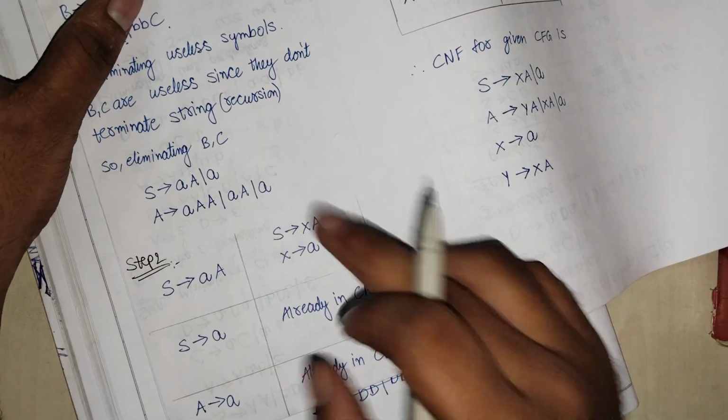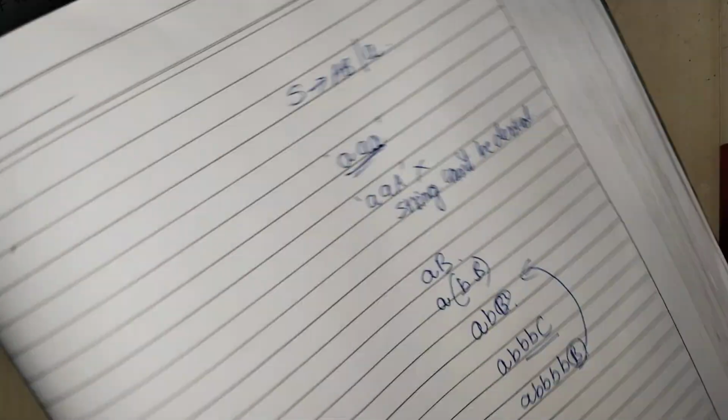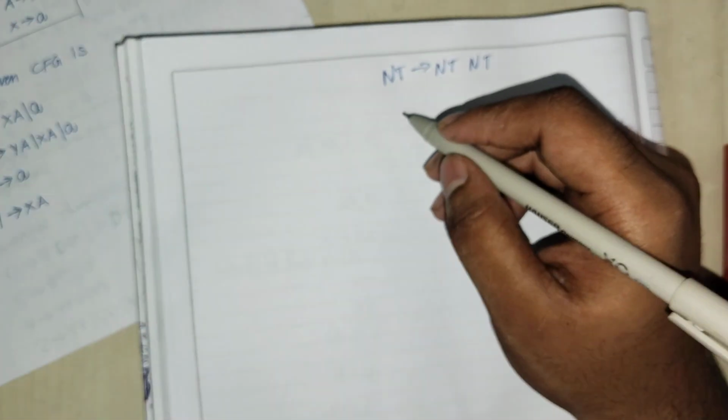So now let's convert it into Chomsky normal form. Chomsky normal form, in the sense of what I have said, right? Non-terminal tends to non-terminal and non-terminal, or non-terminal tends to terminal. So that's Chomsky normal form. This is one form of Chomsky normal form, or else a non-terminal will tend to a terminal.